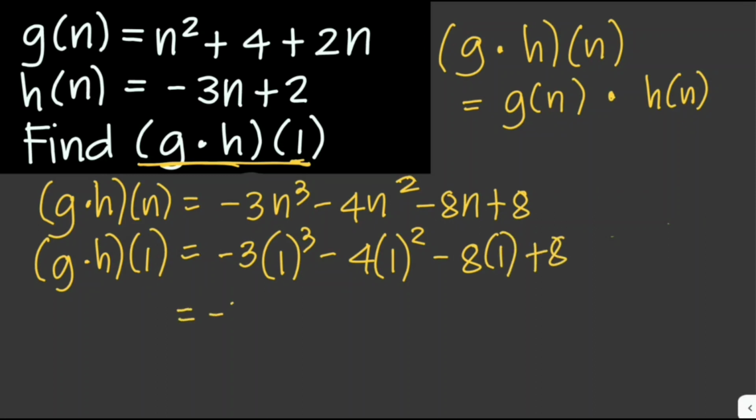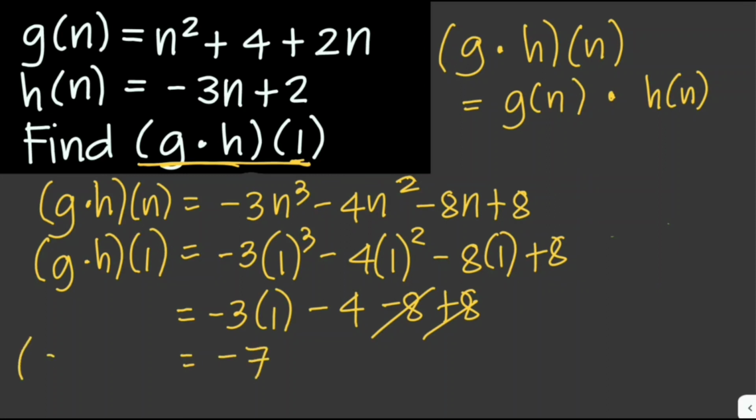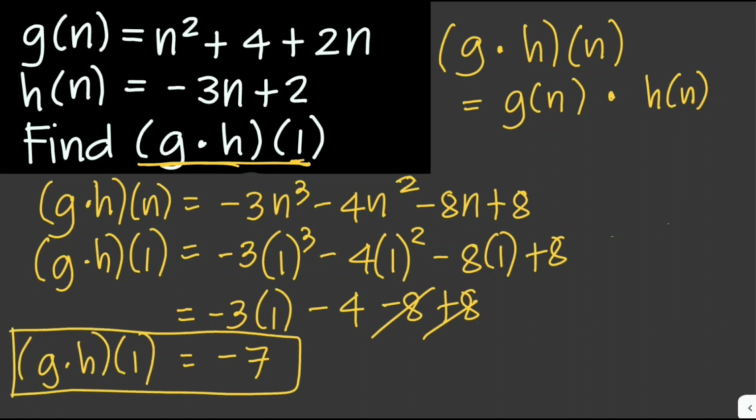So this is just negative 3 times 1 cubed is negative 3. 1 squared is 1. So this is minus 4 minus 8 plus 8, this is 0. And then negative 3 minus 4 is just negative 7. Therefore, g times h of 1 is just equivalent to negative 7.